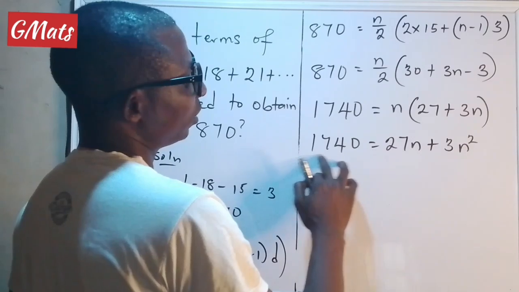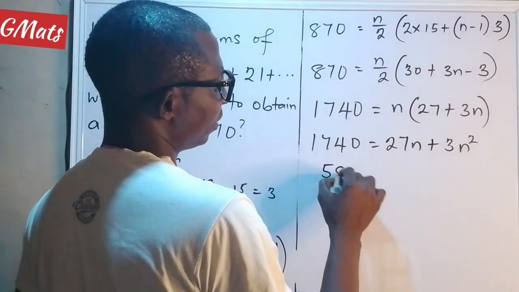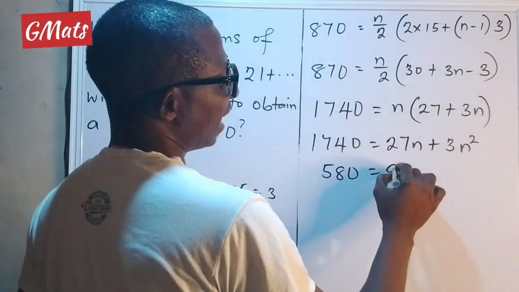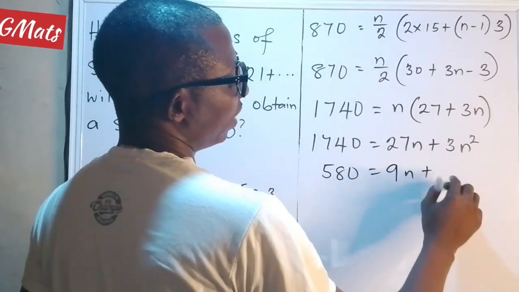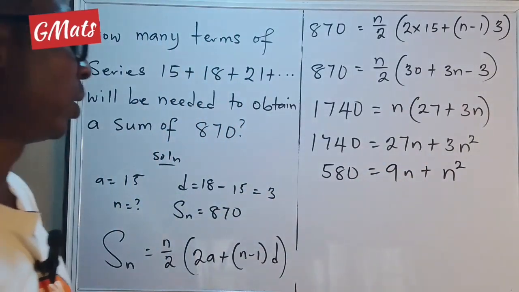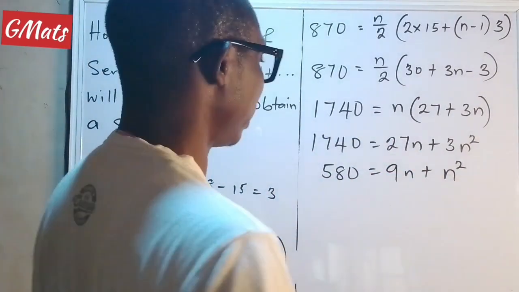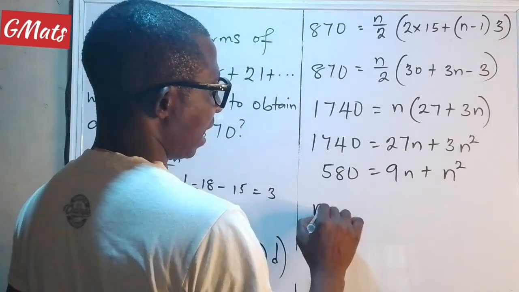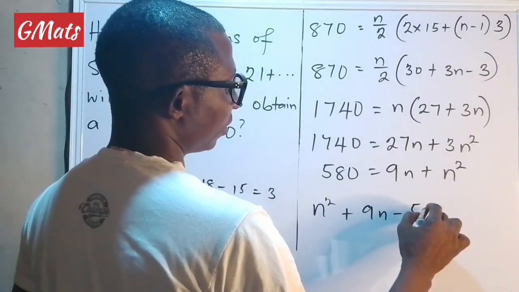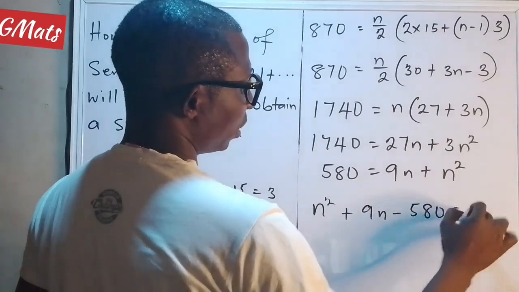When you divide this by 3, you have 580. This divided by 3, we have 9n. Plus this divided by 3, we have n raised to the power of 2. Okay, so now let's move this one to this side. So you have n squared plus 9n minus 580 equals 0.